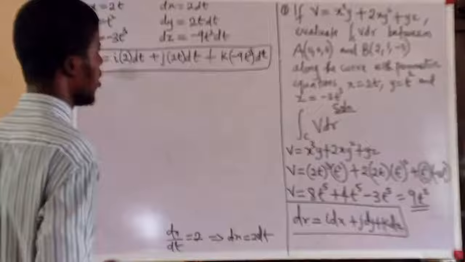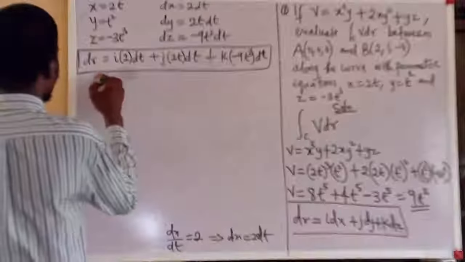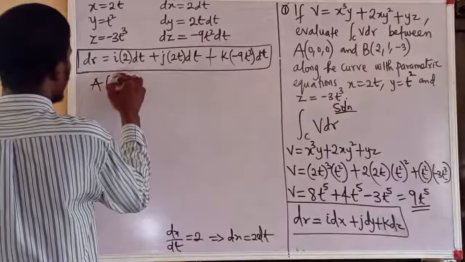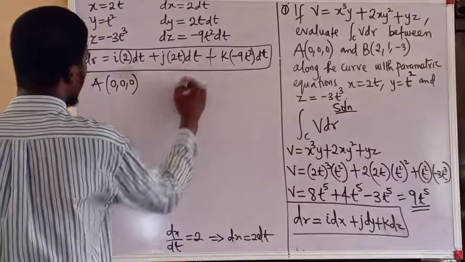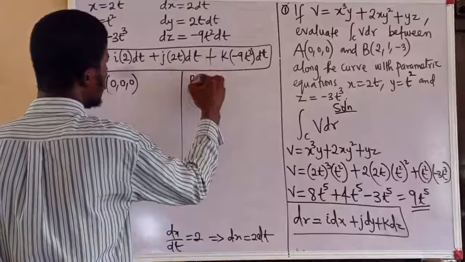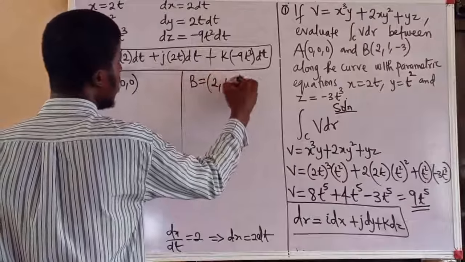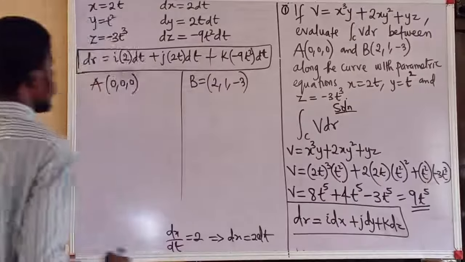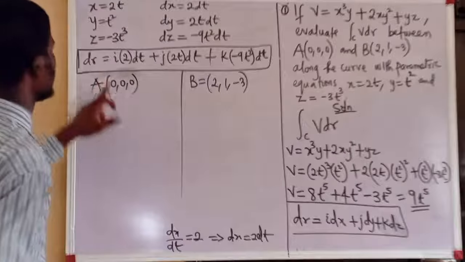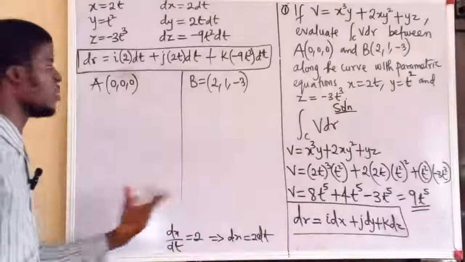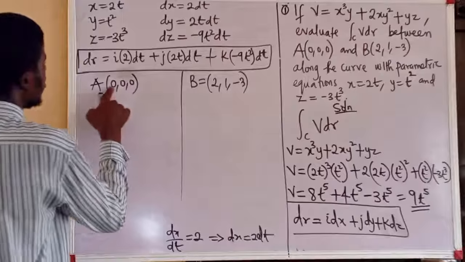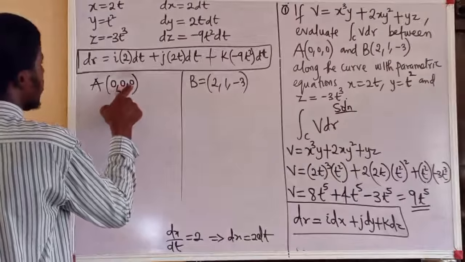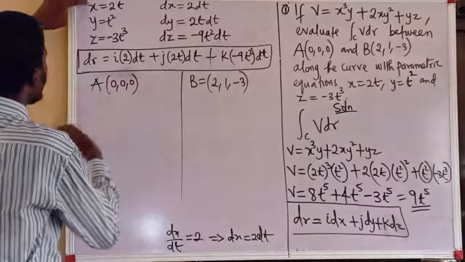So for these points A and B, point A is 0, 0, 0. Point B is 2, 1, minus 3. So what is the corresponding value of t for both point A and point B? Now, this 0 is for x, this is for y, and this is for z. Let's see what t is for these values.